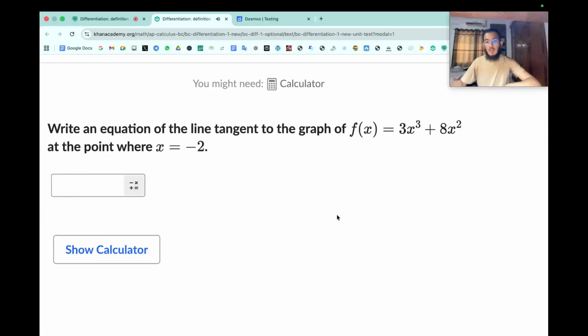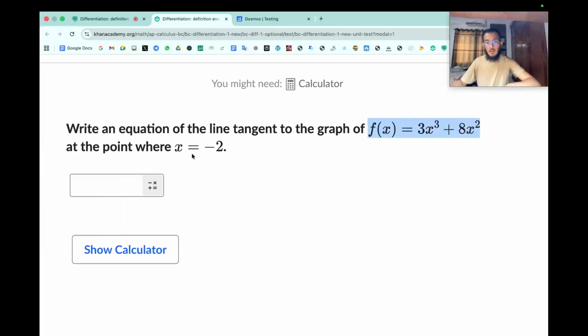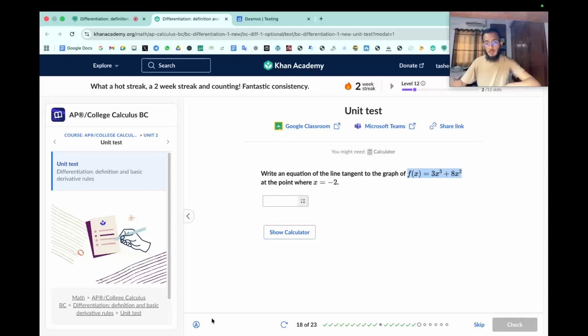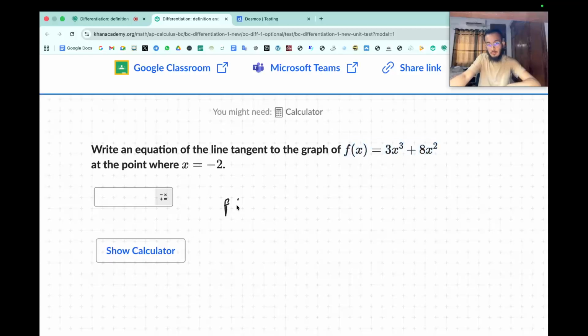Write an equation of the line tangent to the graph of this at the point where x equals -2. We need the equation of a line that is tangent, so we need f'. So 3 is 9x squared plus 8 2s are 16x. 3 gets multiplied with 3, we have 9. This gets reduced by 1, x squared; plus 8 2s that is 16, and x gets reduced to 1.